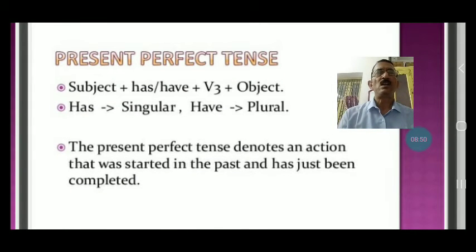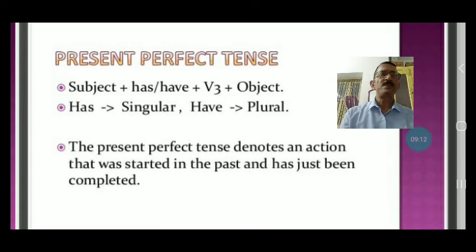What is this now? It is present perfect tense. In present perfect tense, we use subject plus has or have plus V3 plus object. Has is used when the subject is singular or third person singular number, and have is used with the rest of the subjects.